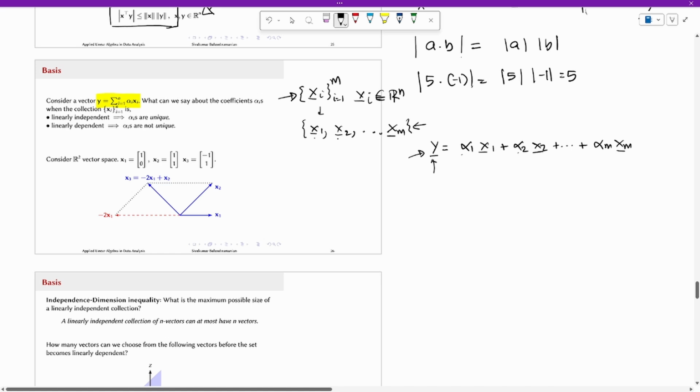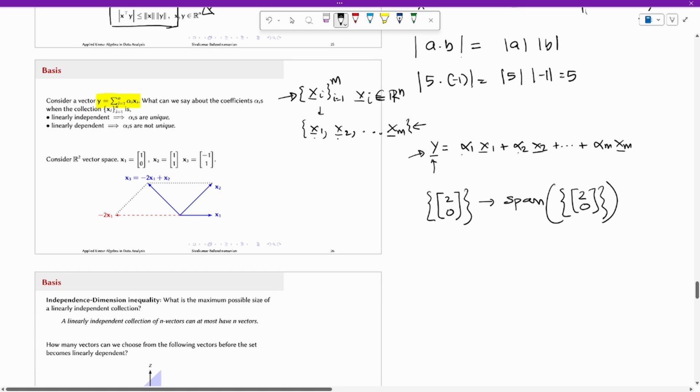Now, let's do this. Let's say I start with this. This is some set. What is the span of this set? The span is essentially another set, which is the set of all linear combinations of the original set that I started with.